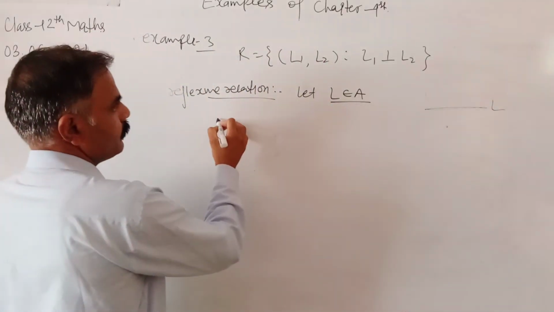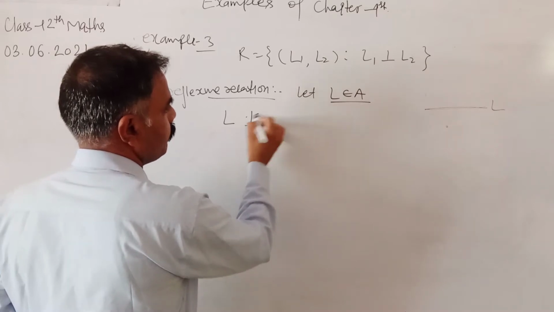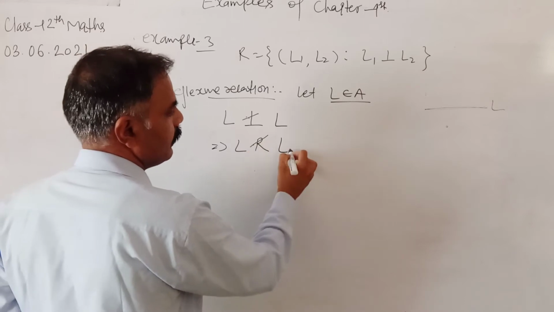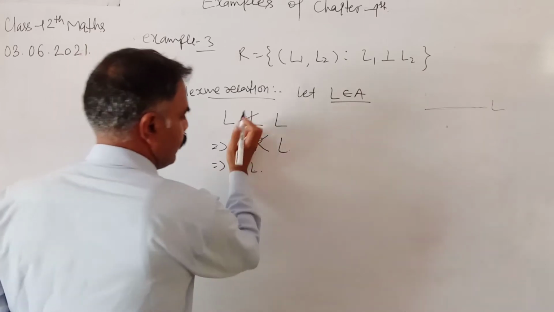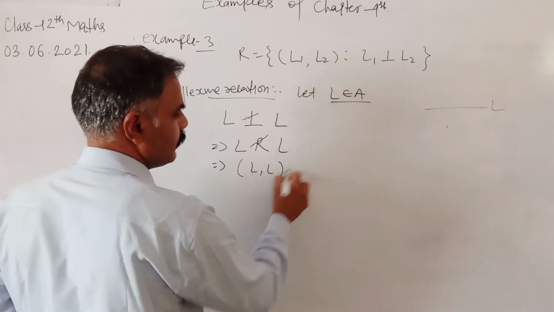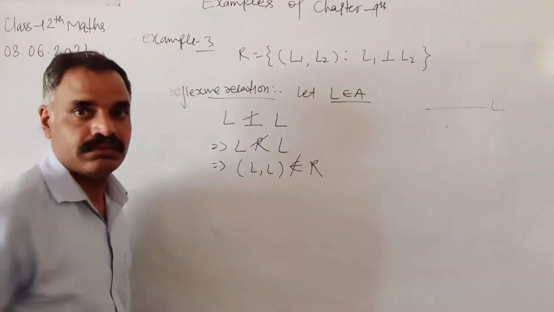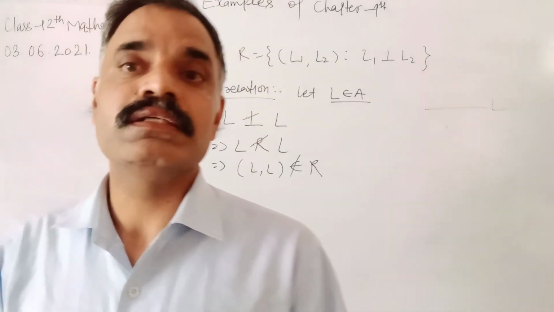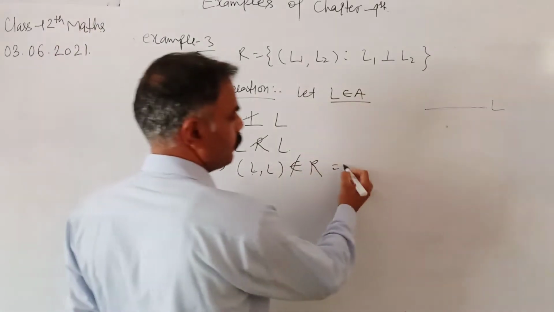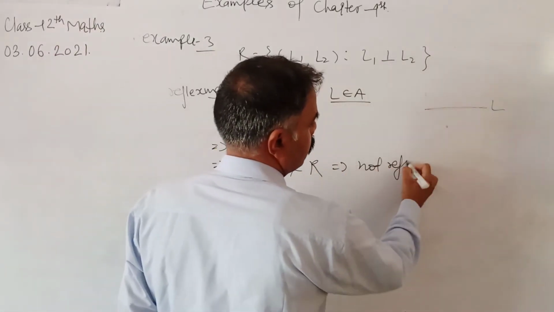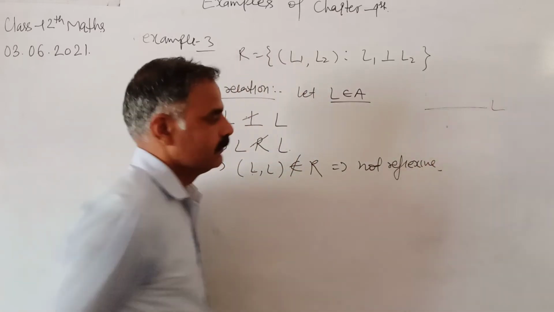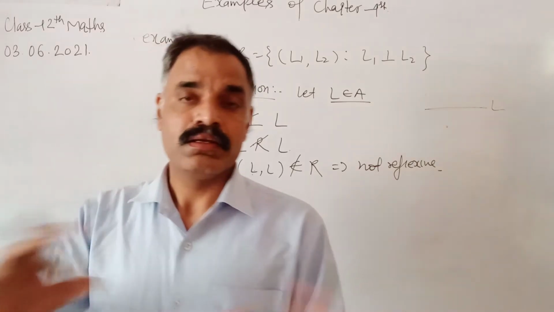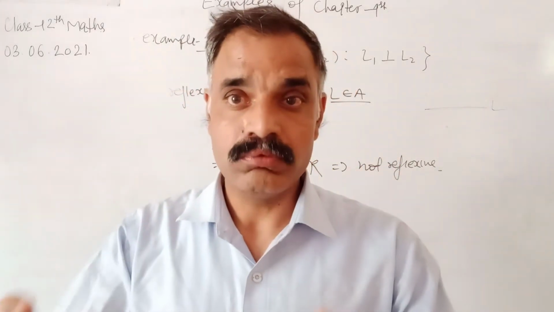Line L is not perpendicular to line L. It means line L is not related to line L. Element of the type (L, L) does not belong to the given relation R. If the element of the type (L, L) does not belong to R, it means the relation is not reflexive. So the given relation is not reflexive. Not reflexive means none of the lines is perpendicular to itself.